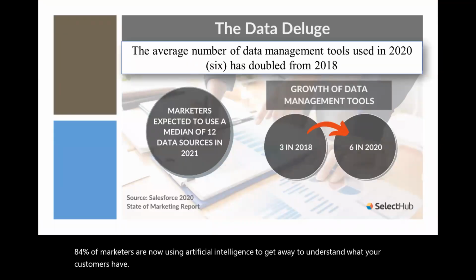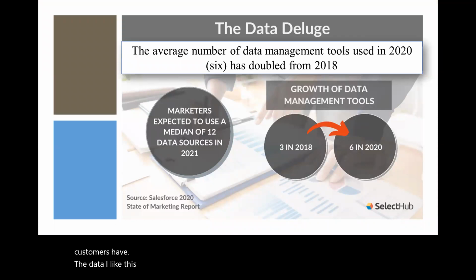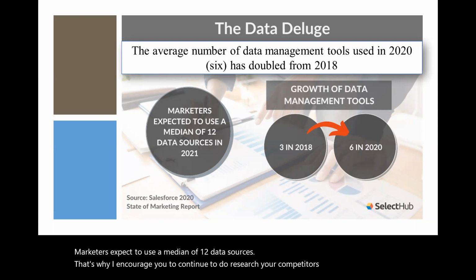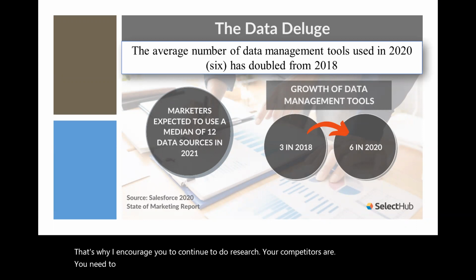The data. Oh, yeah, I like this idea. The average number of data management tools used in 2020 has doubled from 2018. Marketers expect to use a median of 12 data sources. That's why I encourage you to continue to do research. Your competitors are. You need to stay current in your field.